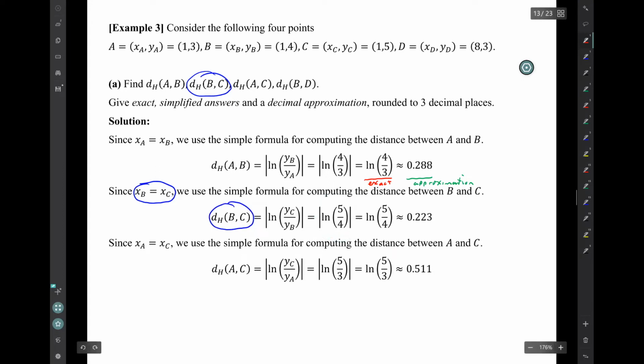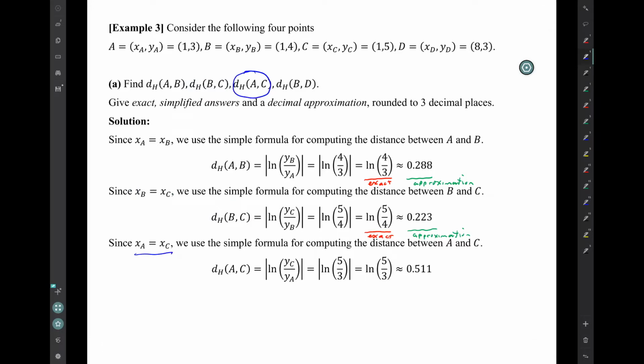Now, when we simplify that, we can get rid of the absolute values, and this is our exact answer. And this is our approximation. Finally, to compute the distance between A and C, we again notice that those 2 points have the same x-coordinate, so we use the simple formula, and we get, after simplifying, ln of 5/3, which is approximately 0.511.